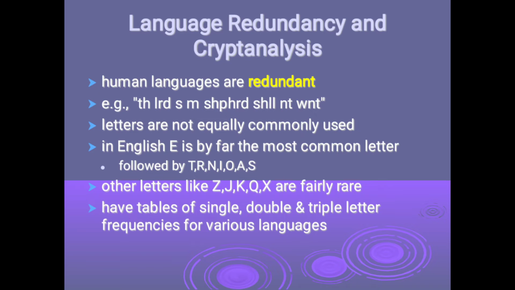For example, some letters we use frequently and some letters are not used much. Letters are not equally commonly used. In English, E is by far the most common letter, followed by T, R, N, I, O, A, S. Z, J, K, Q, X are used fairly rarely.